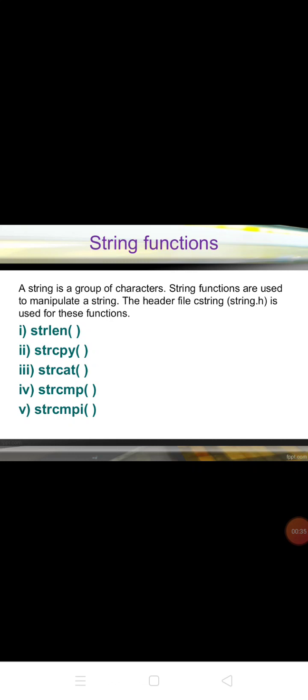String functions are used to manipulate a string. The header file cstring is used for these functions. Different string functions are strlen, strcpy, strcat, strcmp, and strcmpi.